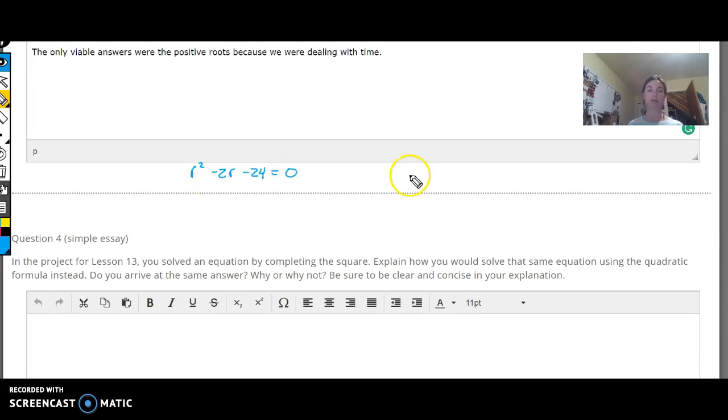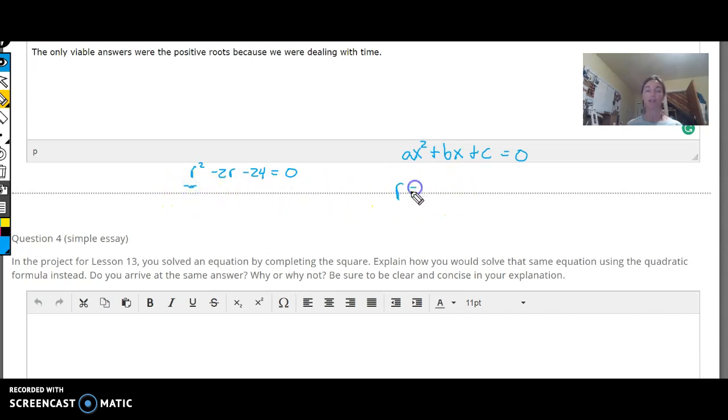And remember, our standard form is ax squared plus bx plus c equals 0. And hopefully in this lesson, you learned about the quadratic formula where our x values, and in this case it'll be r because our variable here is r, not x.